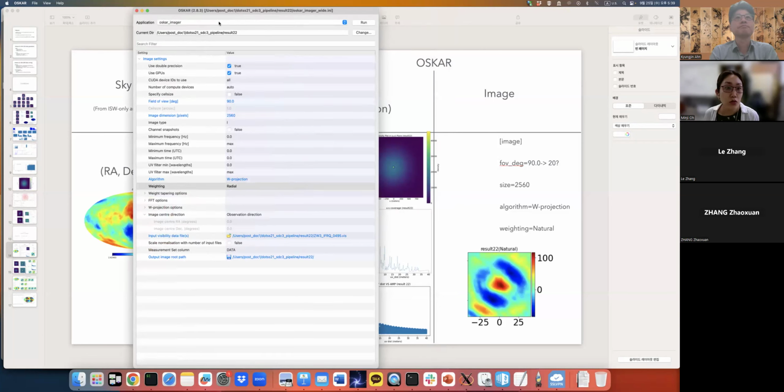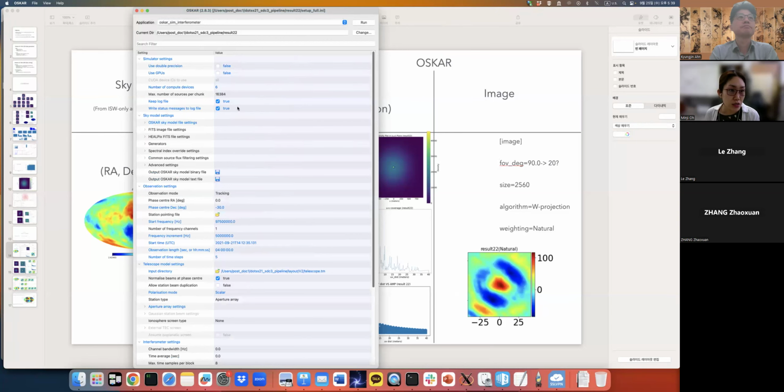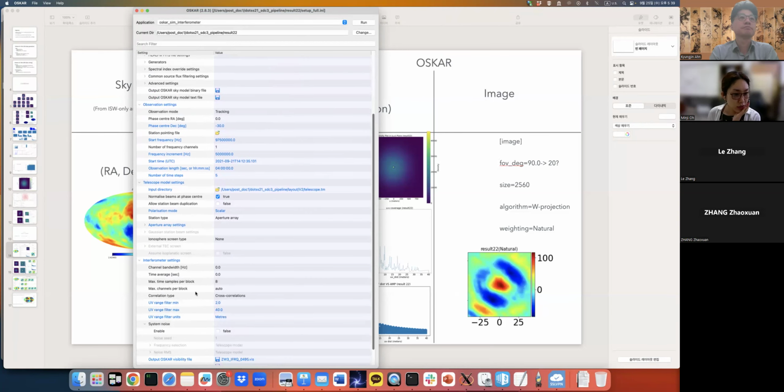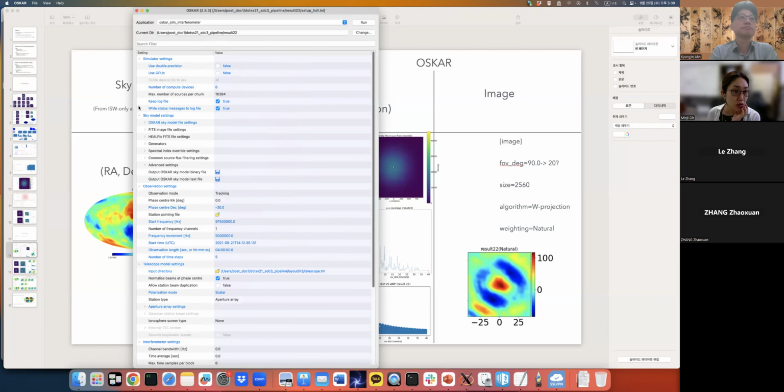So here we have the SIM interferometer in OSCAR, and it has these kinds of settings. Overall, it's about the sky model and observation. There's an observation mode, tracking, and we can choose drift scan. But now it is tracking, so you fix the patch on the sky.